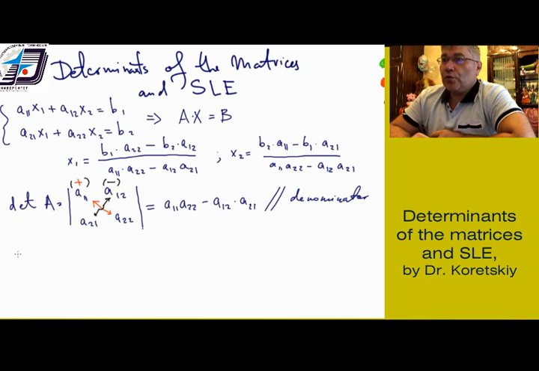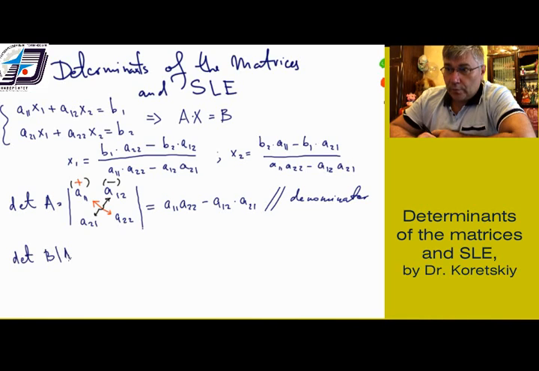So what about the numerator? The numerator is a determinant of a special matrix. I denote it like BA, which consists of, instead of the first column, you have to put matrix B. So it is B1, B2 here.